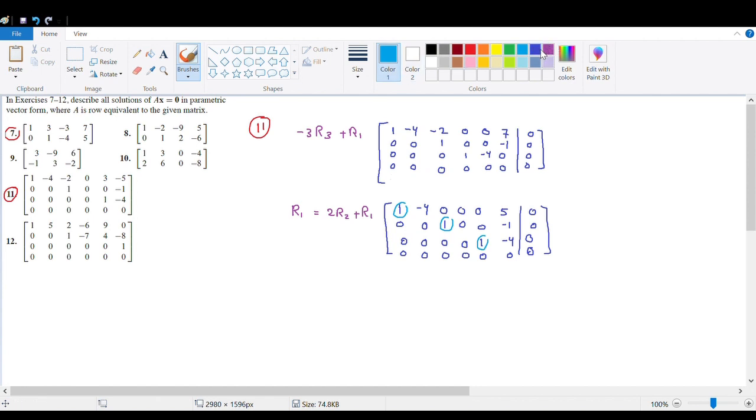So to write the solution in parametric form, first we write x equals x1, x2, x3, x4, x5 and x6.